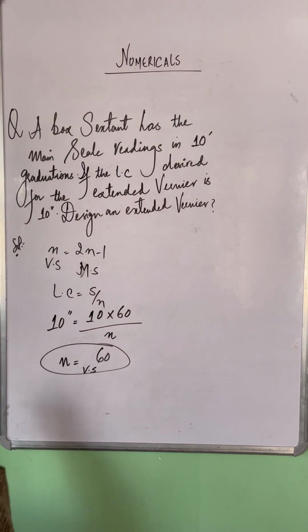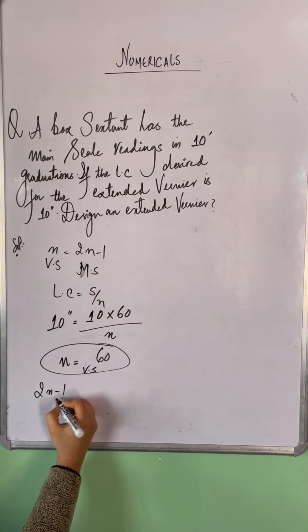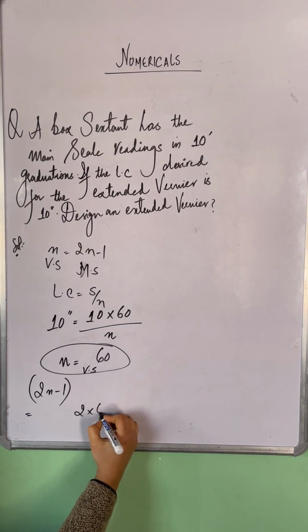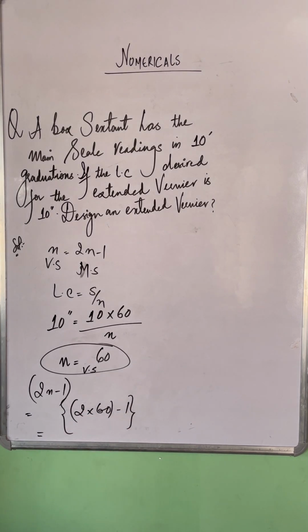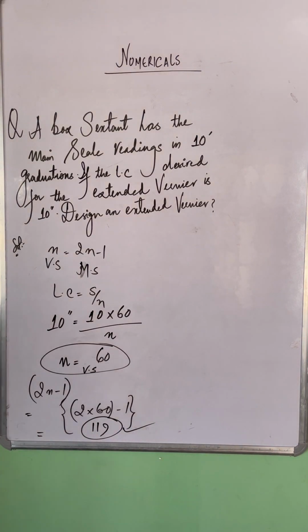Since it's an extended vernier and n divisions on the vernier scale correspond to 2n minus 1 divisions on the main scale, that is 119. So I designed an extended vernier for this box sextant, in which 60 vernier divisions will correspond to 119 divisions on the main scale.